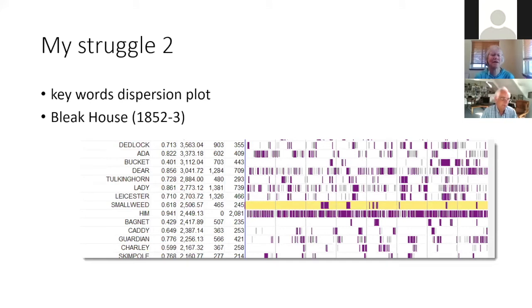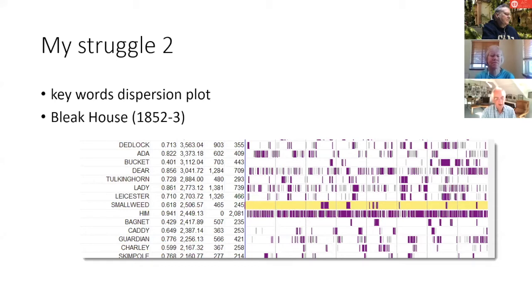But before I go into the timeline plot, I'm going to talk briefly about dispersion plots. Here's a dispersion plot from Bleak House, which was written, as I said before, in 1852-3. This is a keywords dispersion. Each of these little marks shows where each of these particular keywords occurs in the text.